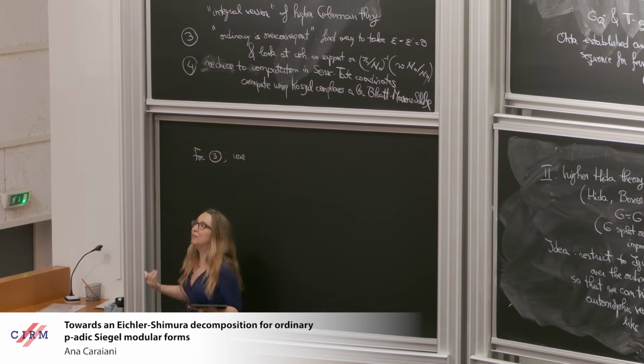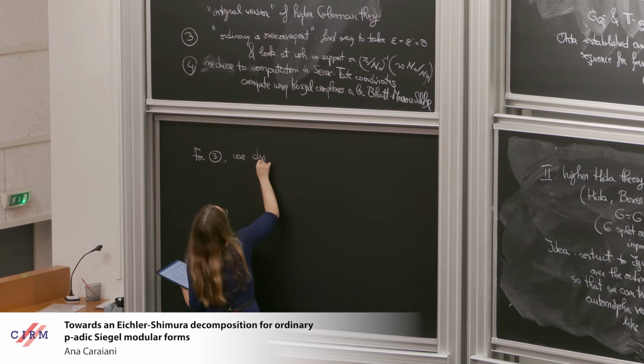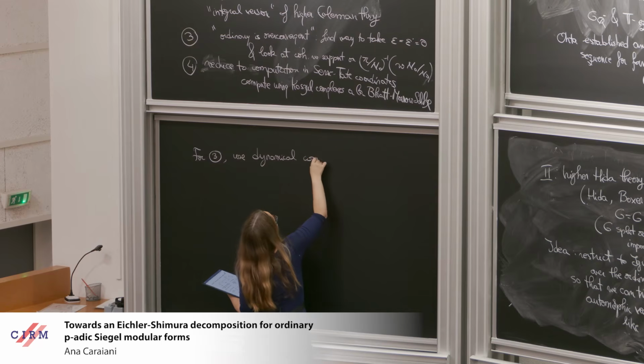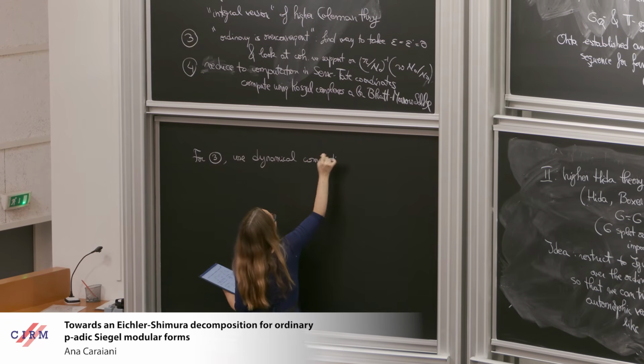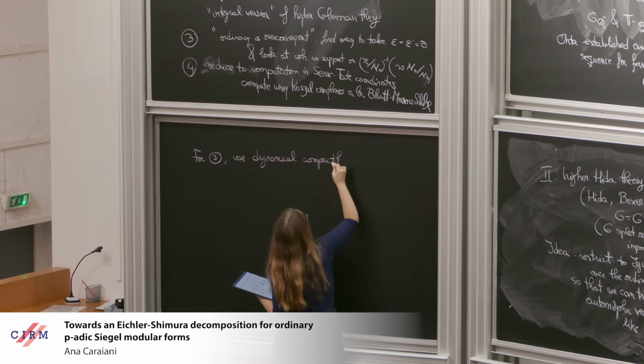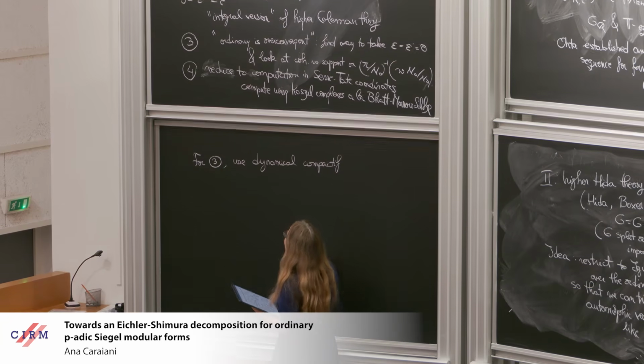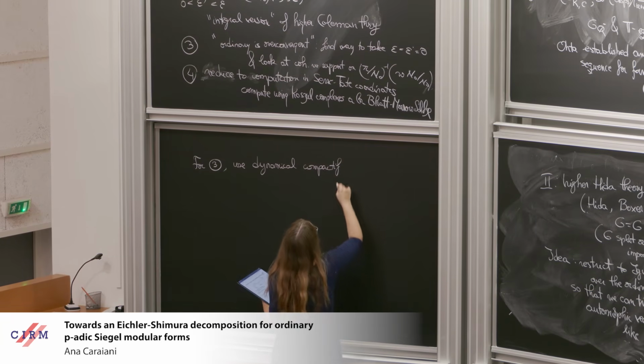We just adapted it a little bit to our setting. So in their paper on higher Hida theory, we use something called dynamical compactifications. And so this, I want to explain it partly because it was the sticky point, and partly because it also gives you a sense for higher Hida theory.